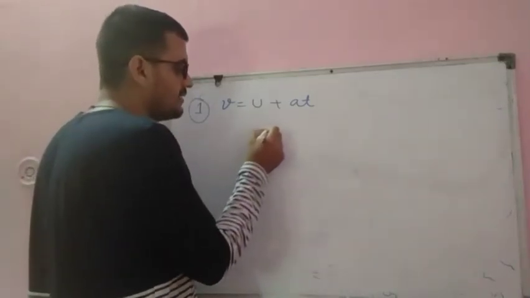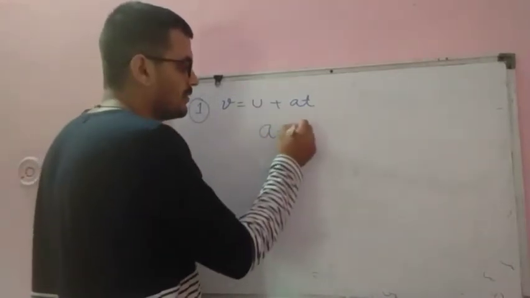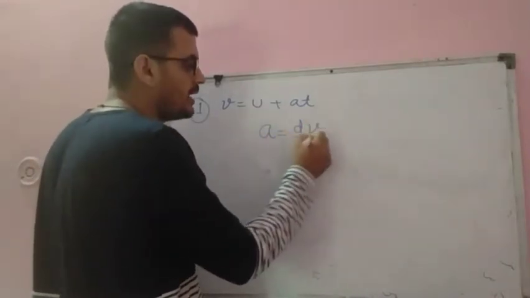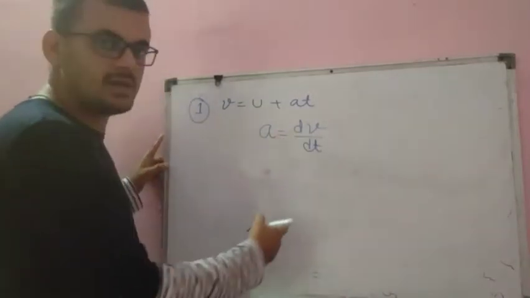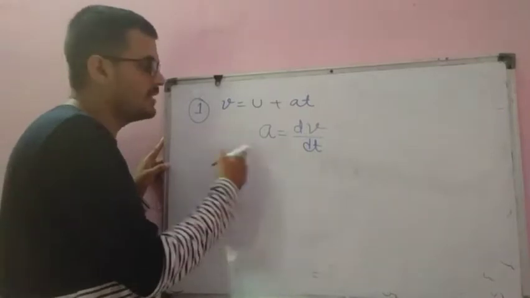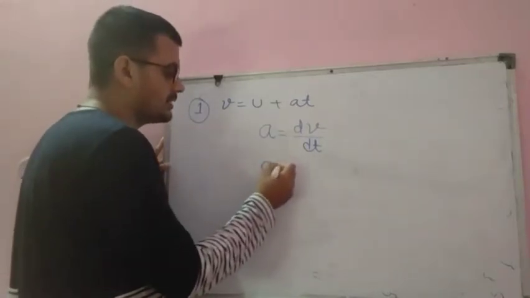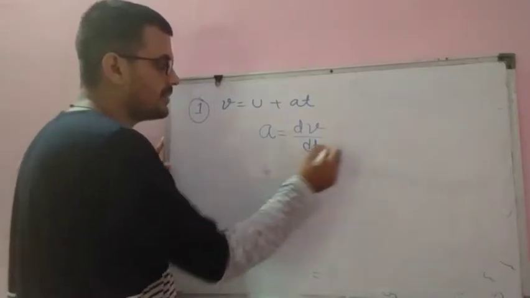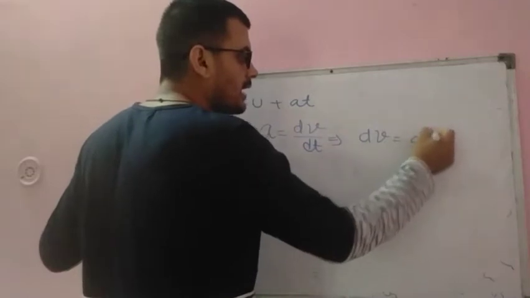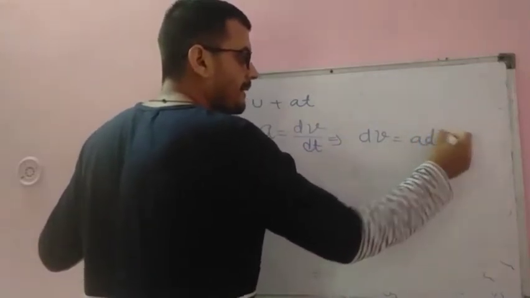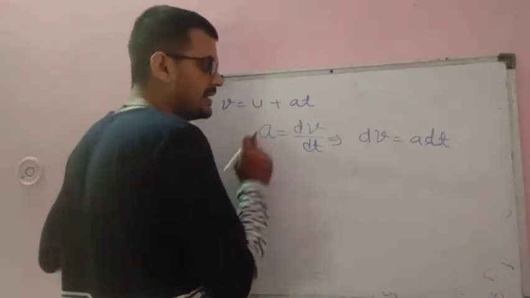Student, we know that acceleration a equal to dv over dt, the change in velocity per unit time, or rate of change of velocity, equals acceleration. So from here we can write dv equal to a dt.